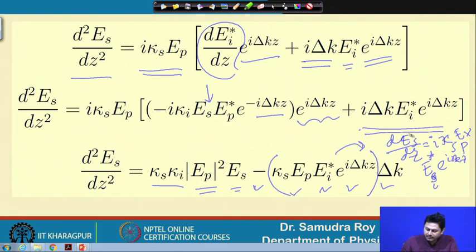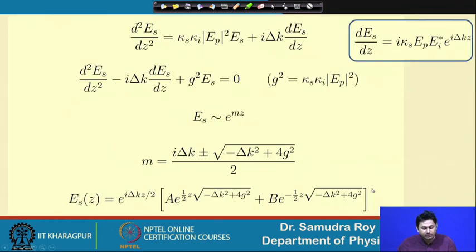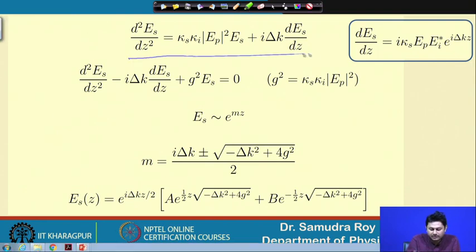So, this term is nothing but 1 by i of this. Now if I replace these things, the entire equation will be in terms of E s. So, we can decouple the entire equation.